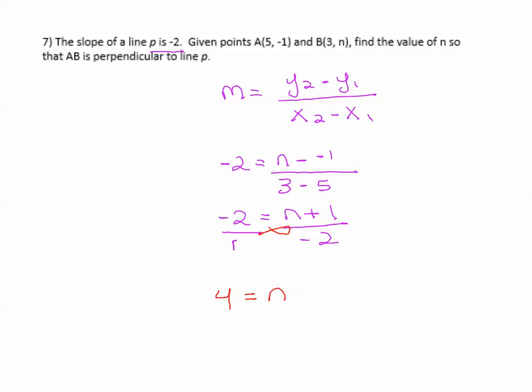Now we should, every time, let's do 1 times n plus 1, because that won't always be a 1. So we don't want to forget to distribute. Obviously, this time it doesn't matter, but in the future it will if it's not a 1. So 1 times n is n, plus 1 times 1 is 1. And I just minus 1, and n is equal to 3.